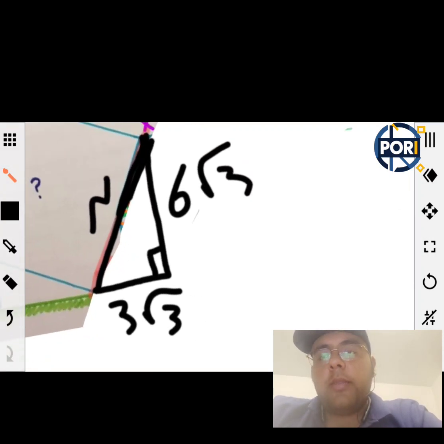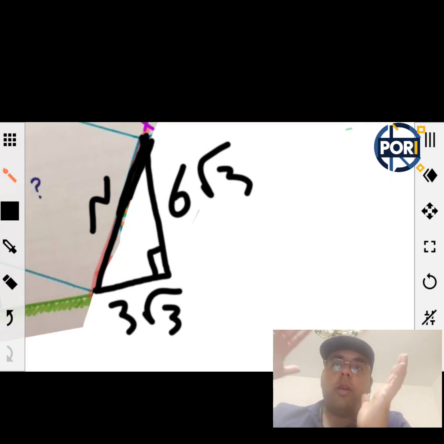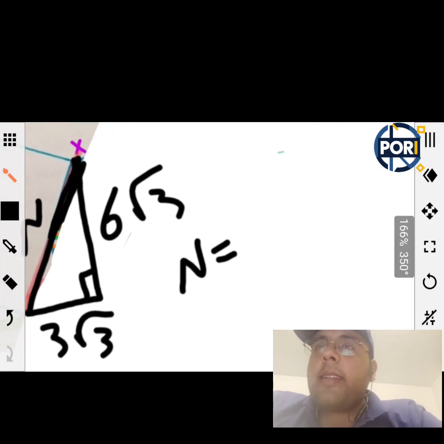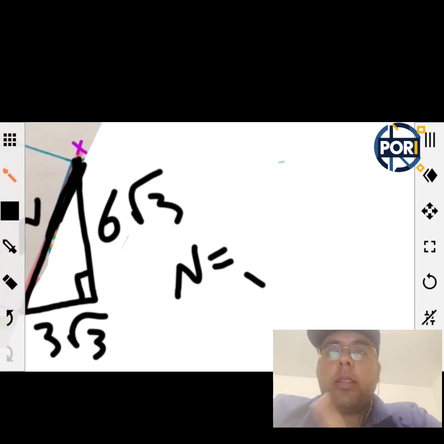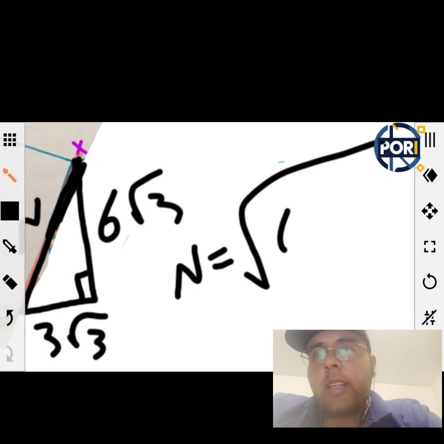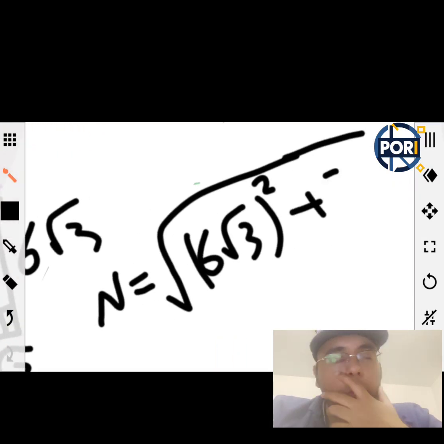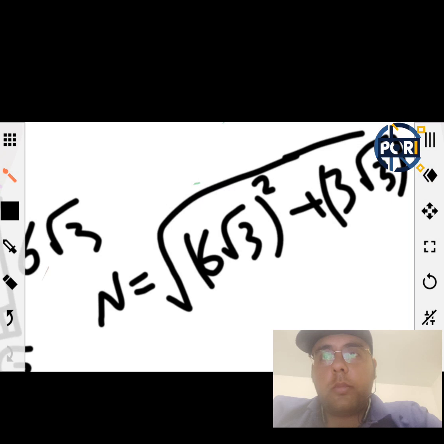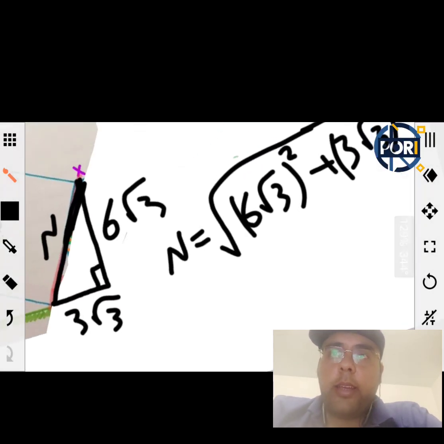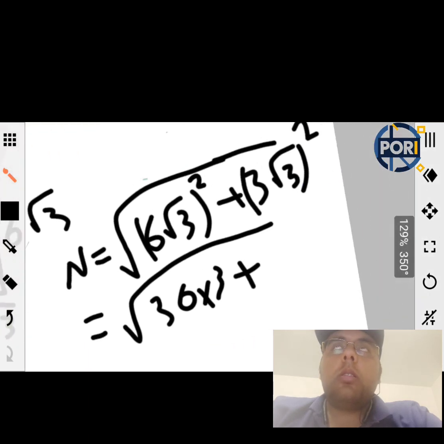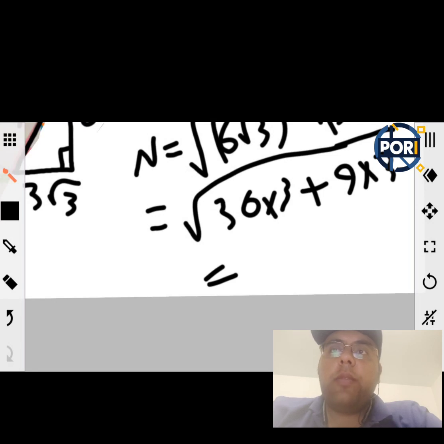If we name the side length of the bigger square n, we can apply the Pythagorean theorem on this triangle to figure out the length of that side. By applying the Pythagorean theorem on this triangle, we can find that n is equal to the square root of 135.